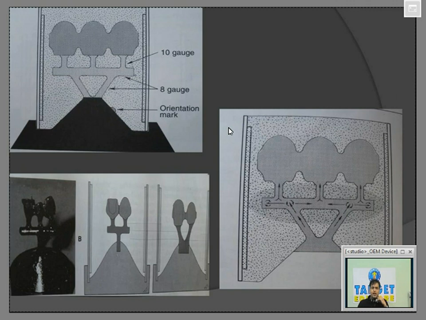Also in this slide or the diagram, you can see the pattern of the sprue, how the main sprue is attached to the accessory sprues.